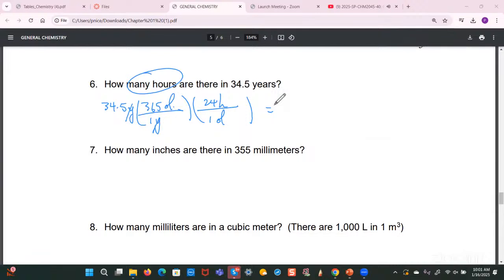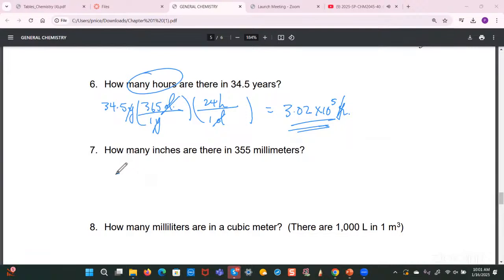Now this would have to be rounded off to 3 sig figs. So the answer I got is 3.02 times 10 to the 5 hours. Because this will cancel that, so hours will be that. Any questions about this?